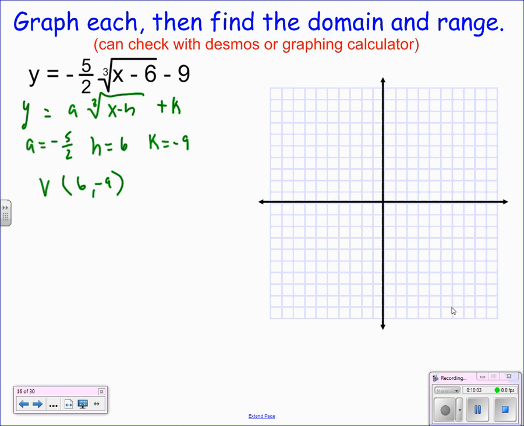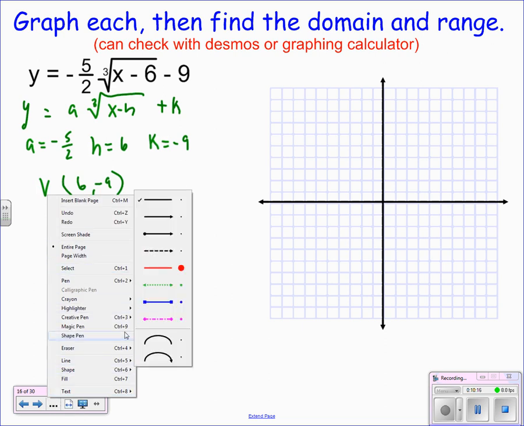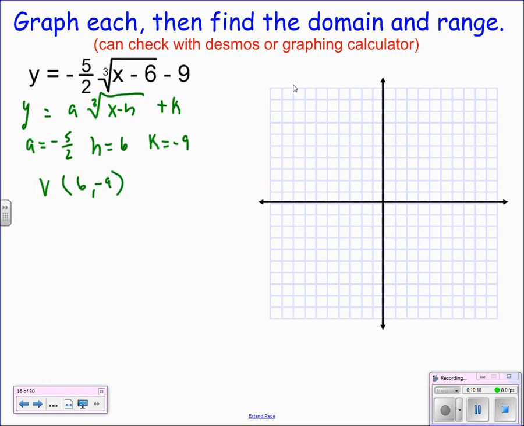I'm kind of running out of space. So I might want to go by 2s or change my axis. So I will just change my axis, and I'll move it up. There we go.